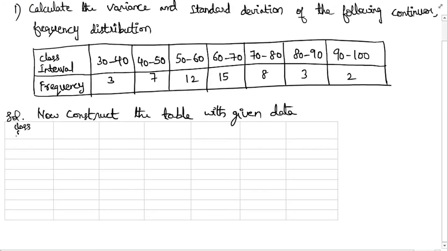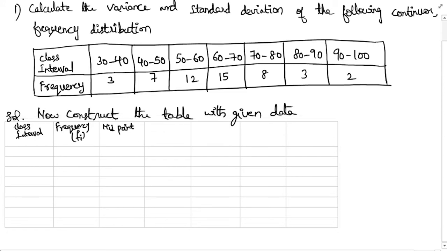So this is the class interval, and this is frequency, which we'll call Fi. Now this is the midpoint of Ci, which we'll call Xi.